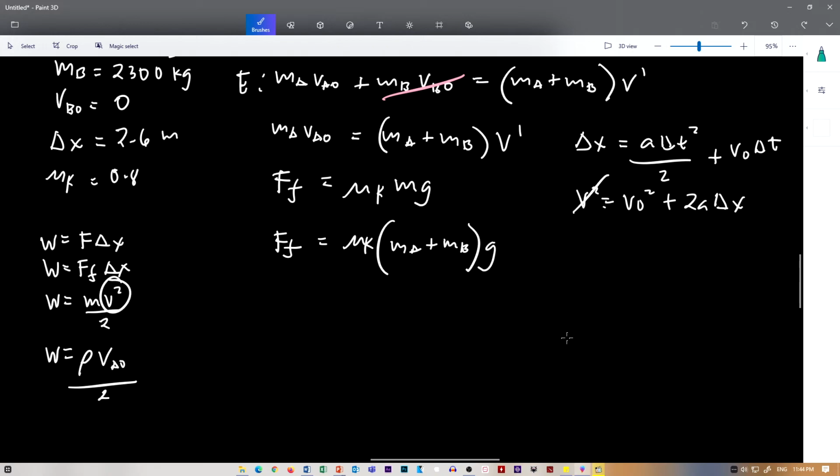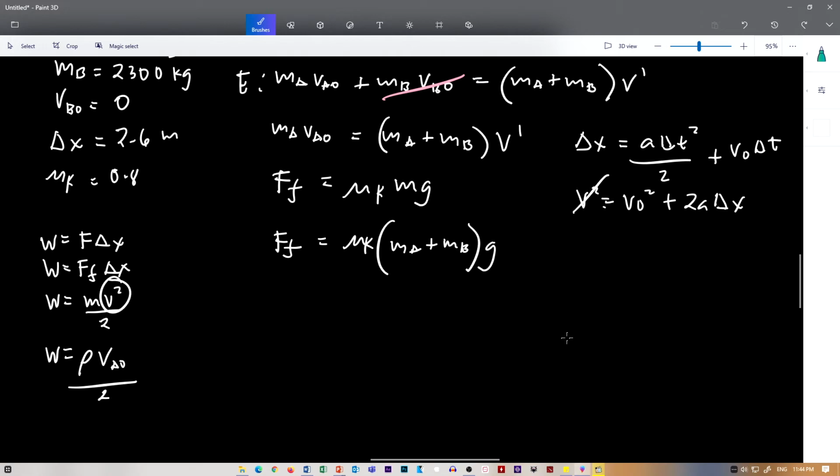Then our work after will be this equation, but utilizing this friction force. Because ultimately our velocity will be 0, so we're not going to utilize this equation because there's incompleteness in variable.